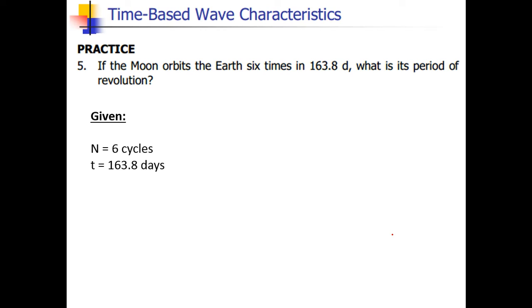We have our time in days, and so in this case, we can take our days divided by the number of cycles, and we get our period, which is 27.3 days. So that would be, in this case, 1 revolution around the Earth by the moon.